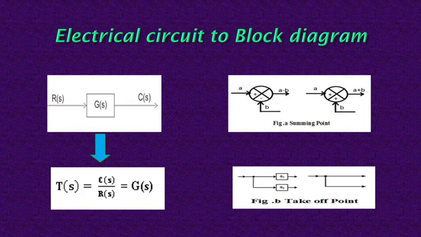In addition to this, the sum or difference of signals is represented by a summing point, shown in figure A. Here for A and B the sign is minus, so the signal is A minus B. But for this summing point, it is A and plus B, so the signal is A plus B. Application of one input source to two or more blocks is represented by a takeoff point. This figure is B.